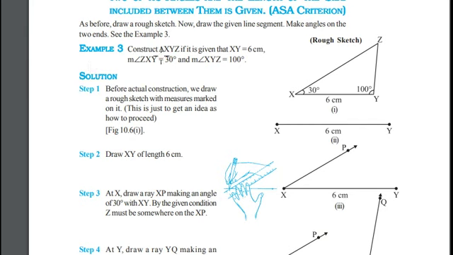Construct a triangle XYZ given the length of side XY is 6 cm. Then angle ZXY and angle XYZ is given. The angle ZXY is 30 degree and angle XYZ is 100 degree. We need to construct a triangle making use of the given data.